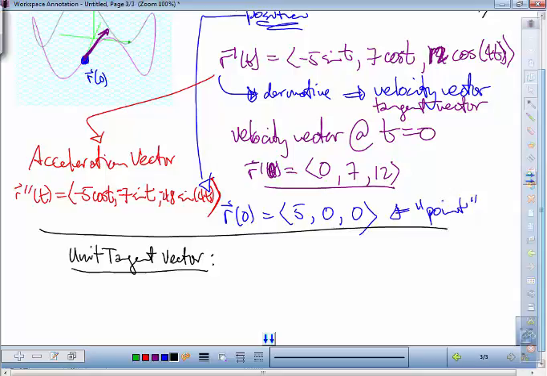And really, the formula for this is that we'll call it capital T of little t is equal to, how do you make something into a unit vector again? Divide by its magnitude. So you get the velocity vector, which is r prime of t, and then you divide by its magnitude.